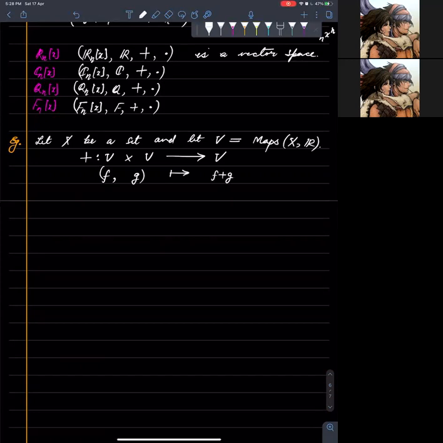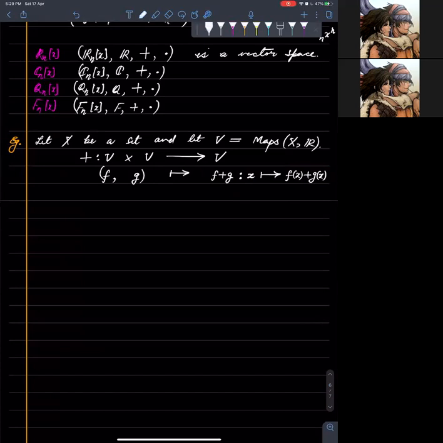And what does f plus g do? f plus g takes an element little x and spits out this sum. This is a valid sum. This is a real number and this is a real number. So we have just added those two real numbers. So f plus g is defined as the map from X to R which consumes little x and produces the sum of the two real numbers produced by f and g. So that's how we add two functions.